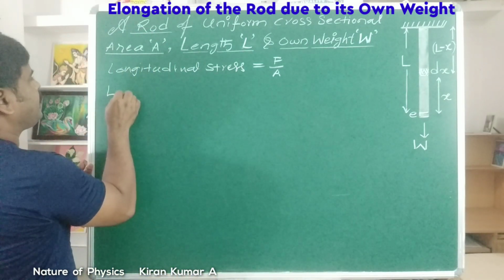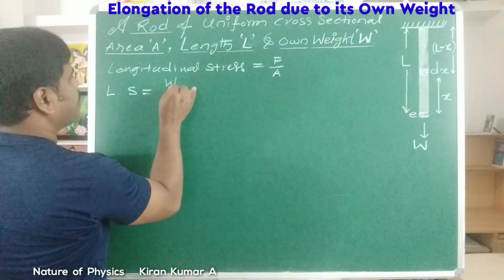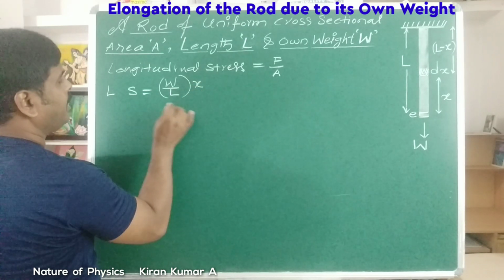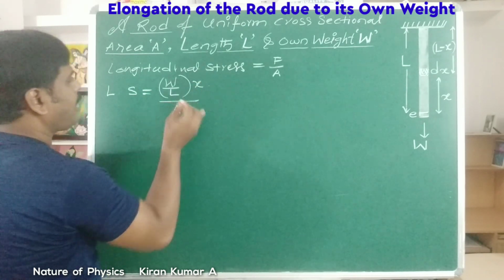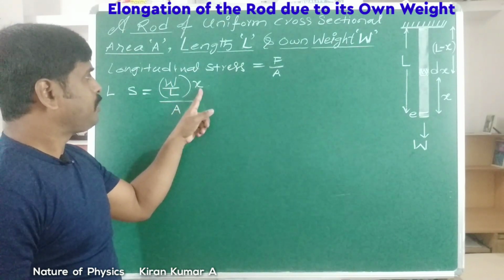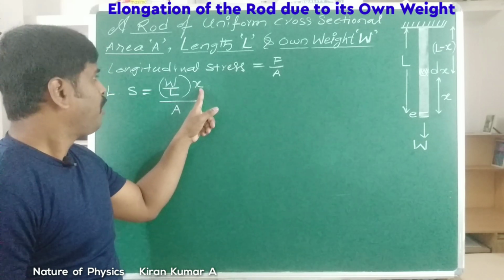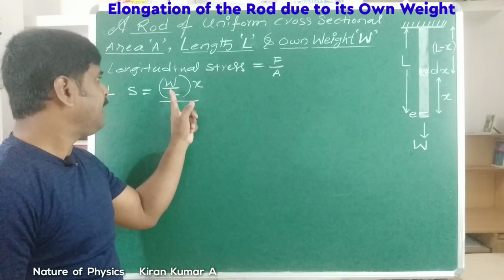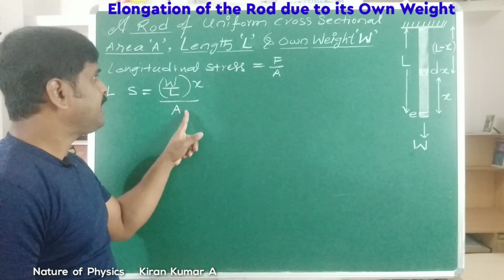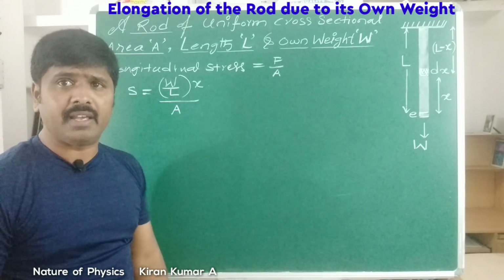So longitudinal stress is equal to weight per unit length into x, divided by area A. Weight per unit length into x represents the restoring force here. For example, if x is equal to L, it cancels, and the weight, the gravitational force, divided by the area remains the same, that is the restoring force per unit area.